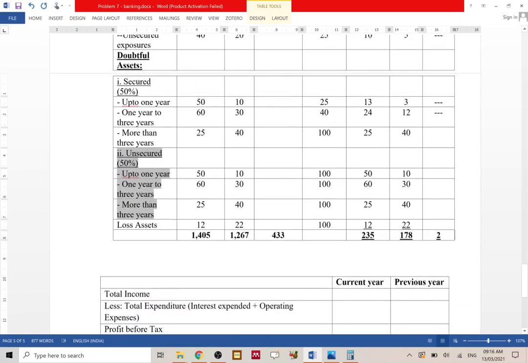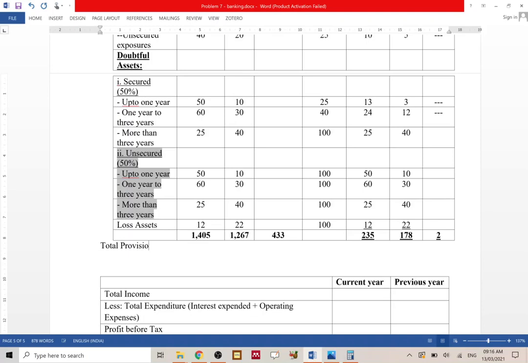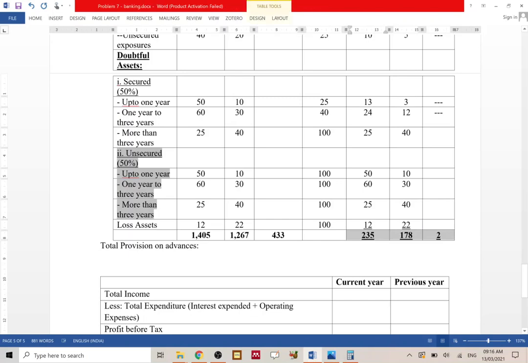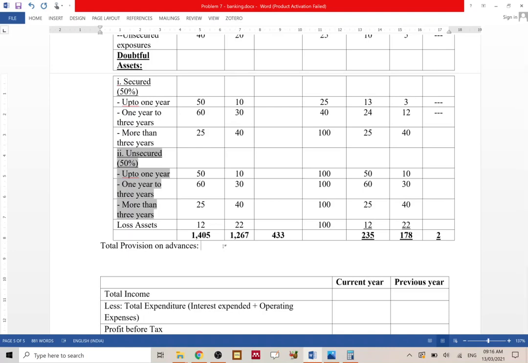In order to get the total provision on advances, we want individual figures like these, and we also want one final total, so that we can show it in the provisions and contingencies in our profit and loss account.